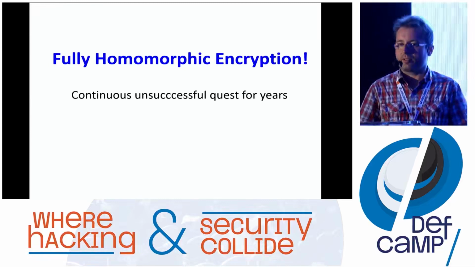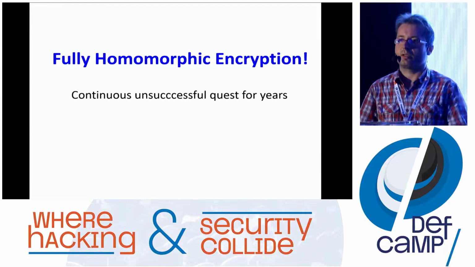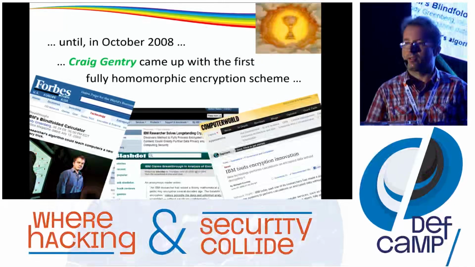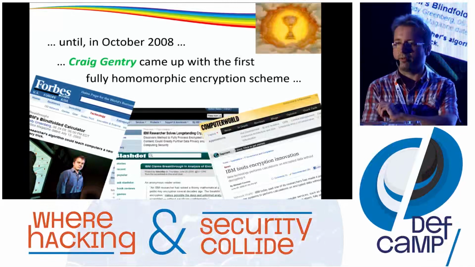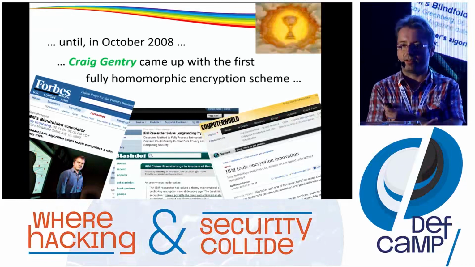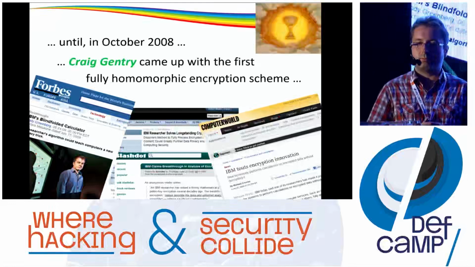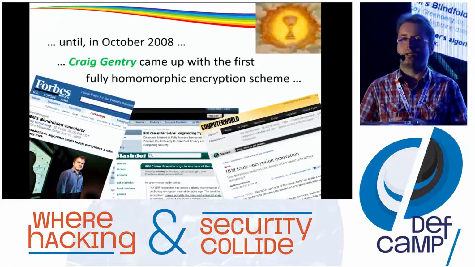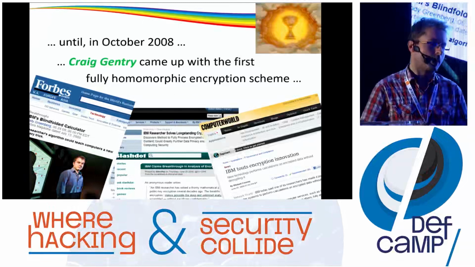Nevertheless, homomorphic encryption has been a very difficult topic for years. Up until 2008, when Craig Gentry worked on this topic for his PhD thesis, and he proposed basically the first fully homomorphic encryption model that he was able to use in some real-world scenarios.